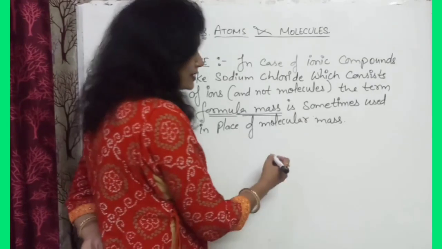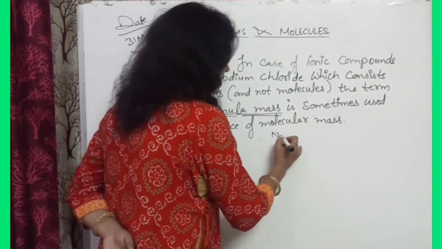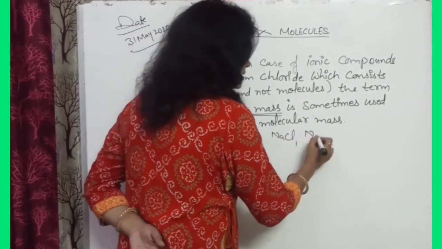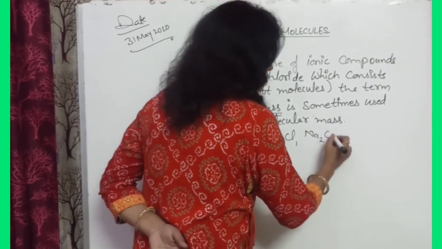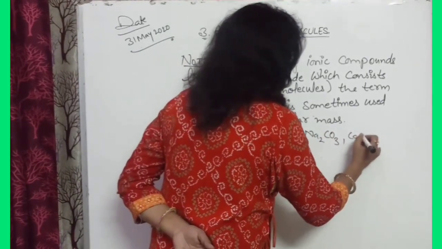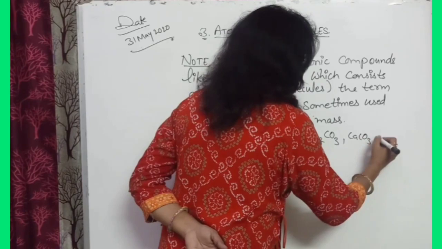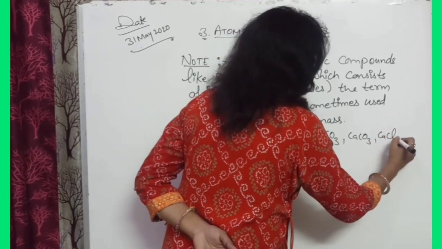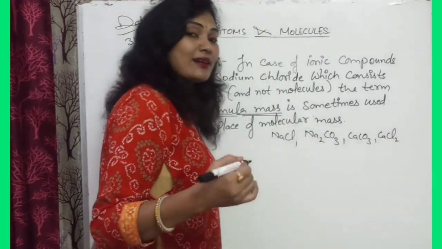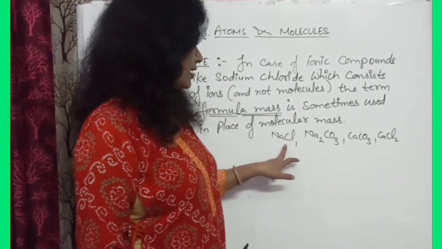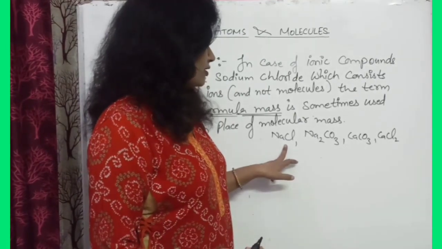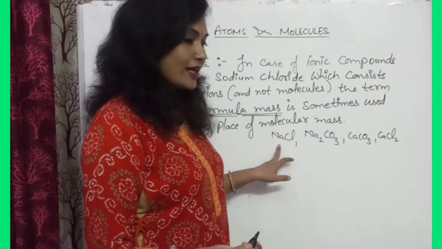And I will give the examples. The examples are NaCl, sodium chloride, Na2CO3, CaCO3, CaCl2, MgCl2. These are ionic compounds. They contain ions. Different ions are present here.